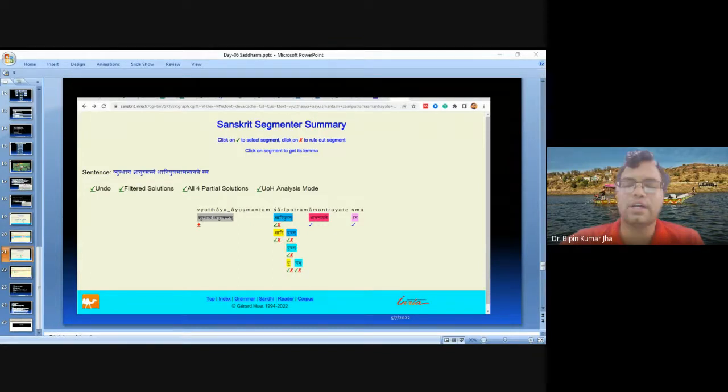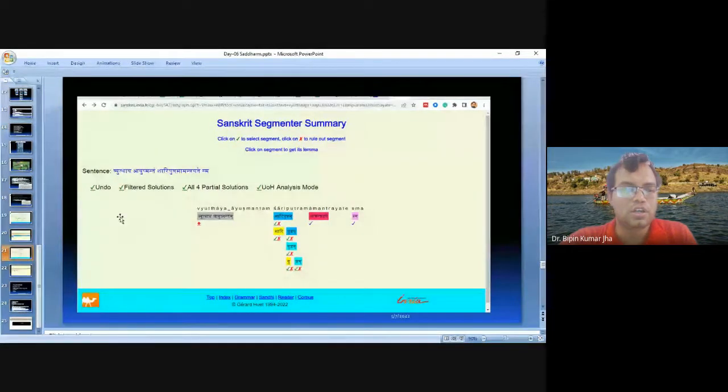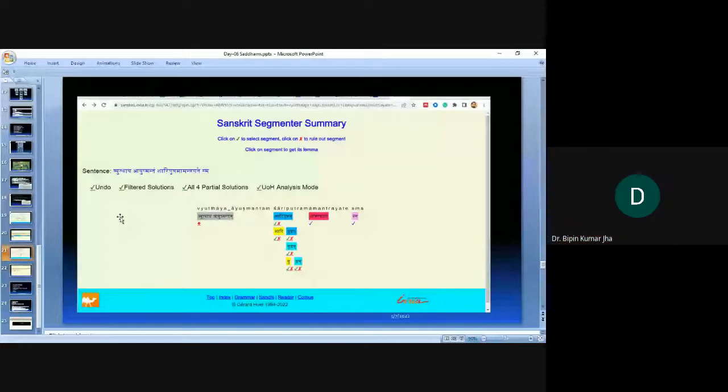So just find some sentences, try to split them, and try to extract the meaning. That will give a different dimension to understanding Sanskrit texts. If you have any question or doubt, you can just ask. Because if you practice and ask questions, it will be beneficial for you.